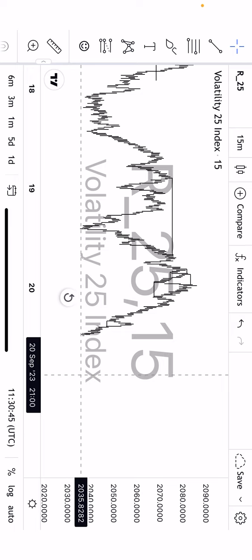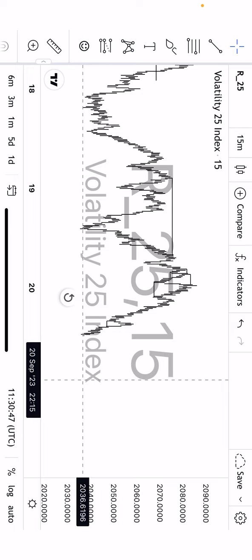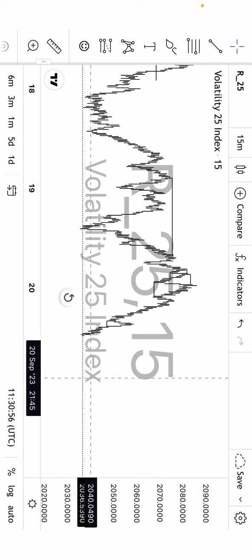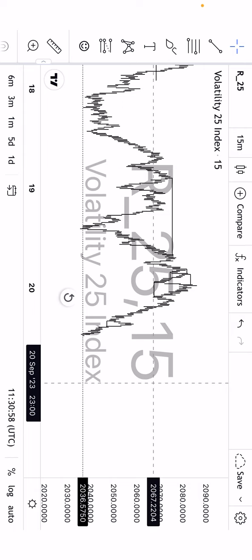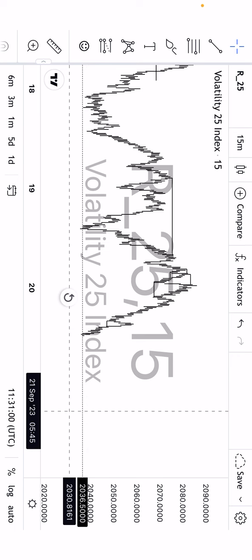When the market takes this low, it simply means your 15 minutes is aligned with the 1 hour, which is aligned with the 4 hours time frame, and then you continue the move when the market comes into this range. But it is very safe for you that you get your entry confirmation on the 5 minutes time frame.